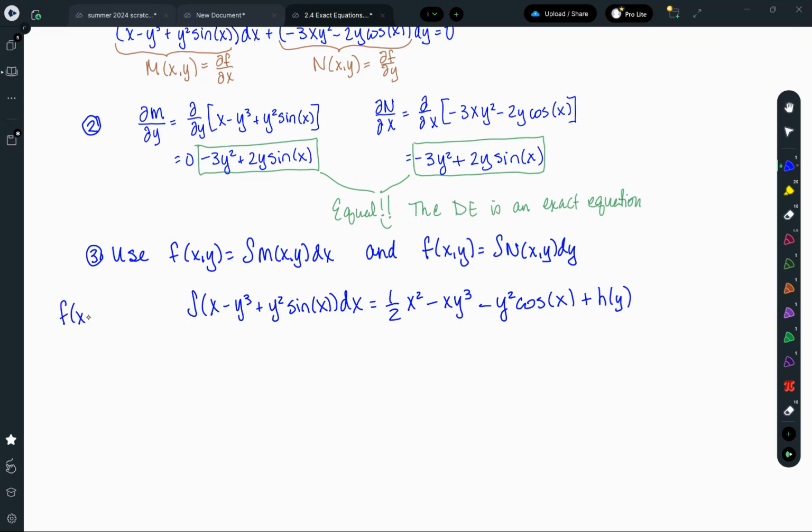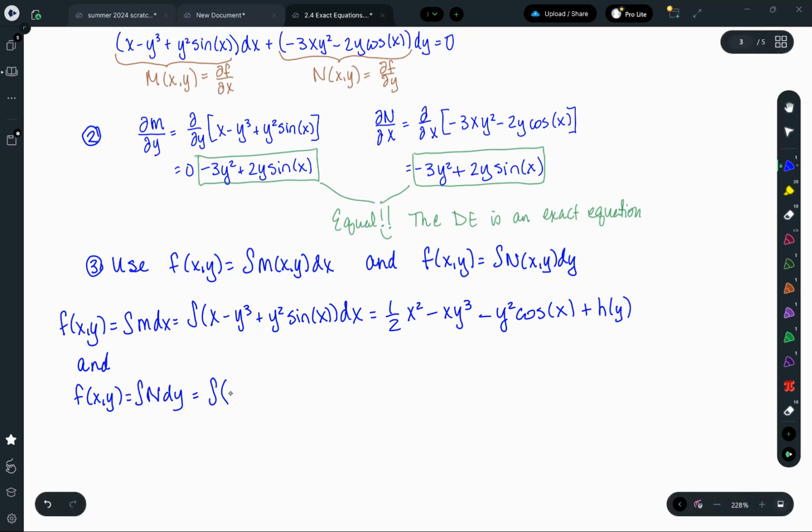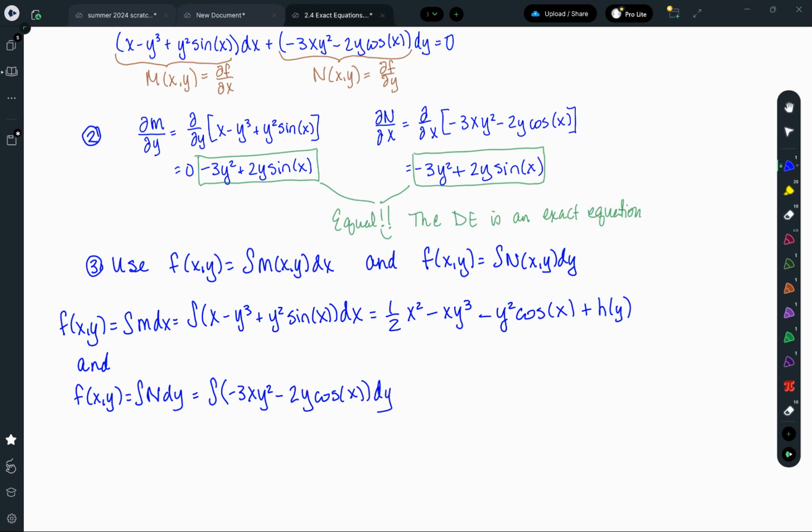Let's say f of xy is equal to the integral of m dx, which is equal to that. The other one is f of xy is equal to the integral of n dy, which will be the integral of minus 3xy squared minus 2y cosine of x dy. All right, if I send my integral through all the terms, the first term is minus 3xy squared, so minus 3 and the x, those are just constants.